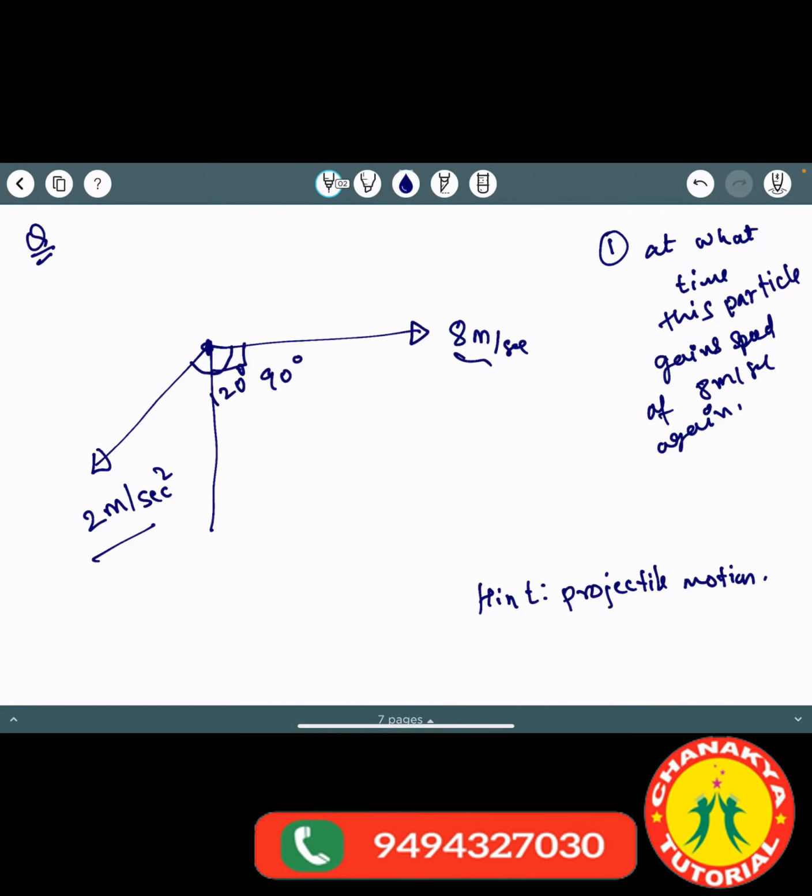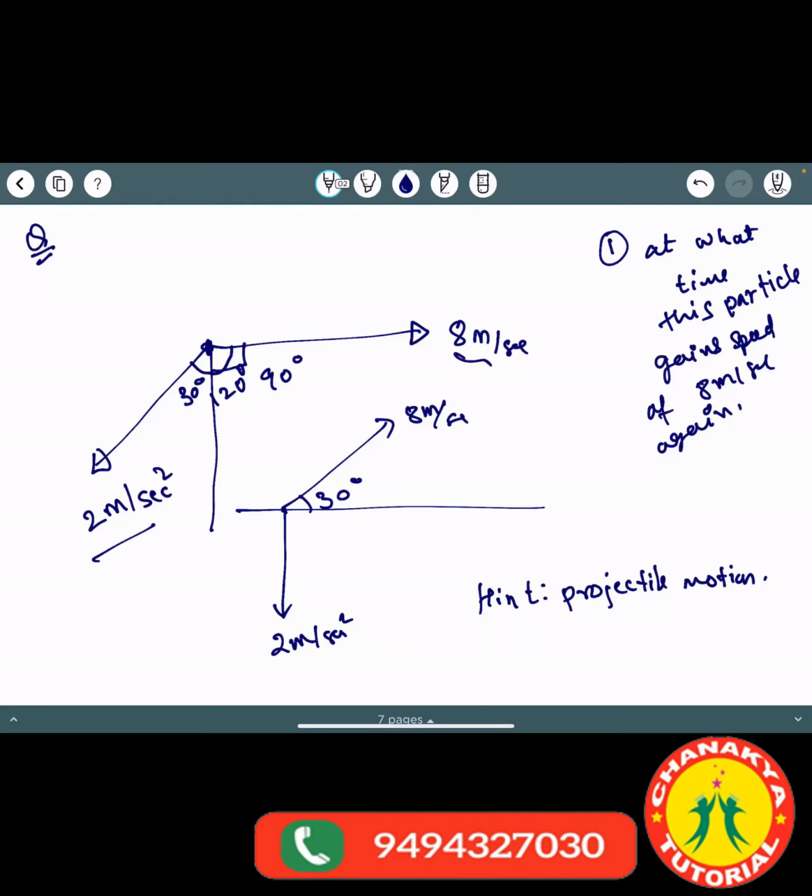If that's the case, I got 2 root 21. No, still wrong. This is 90 degrees, this is 30 degrees, correct? Just rotate it by 30 degrees. If you rotate it by 30 degrees, it will become like this, right? 8 meters per second, and this acceleration becomes like this. This you have rotated by 30 degrees. Correct?